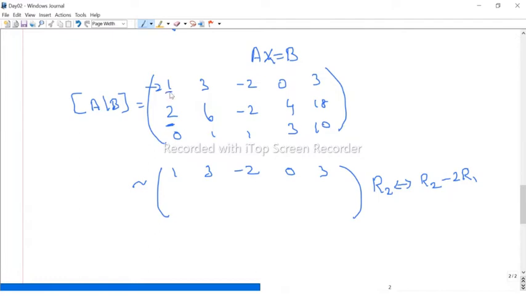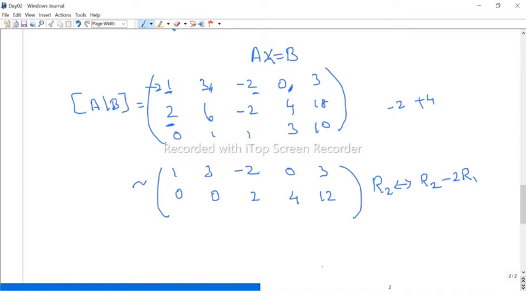This position is 2 minus 2, which is 0. Here we have a 3, multiply by 2 we get 6, minus 6 is 0. Here we have a -2, multiply by 2 we get -4, subtract from -2, minus minus is plus, therefore we get 2. This position 4 minus 0 we get 4. And 18 minus 2 times 6 is 12.